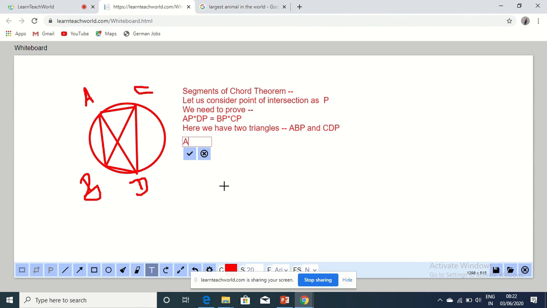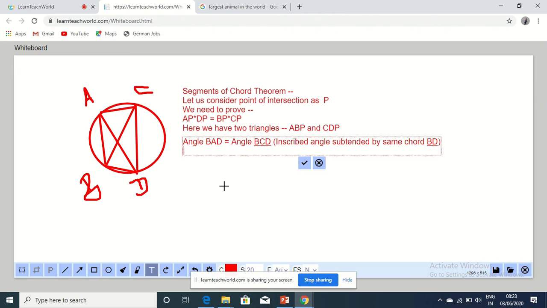So we can write angle BAD is equal to angle BCD, and the reason is that an inscribed angle is subtended by the same chord BD.